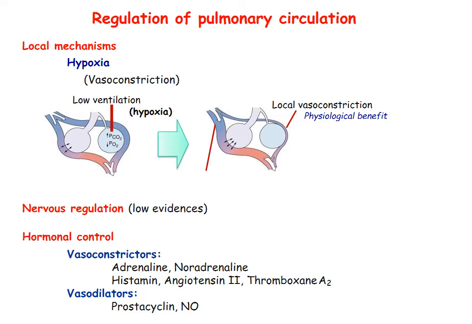There are multiple vasoactive factors: adrenaline, noradrenaline, histamine, prostacyclin, or nitric oxide, that can either vasoconstrict or vasodilate the pulmonary vessels, thereby producing a great amount of blood flow through the alveoli and allowing a better oxygen and carbon dioxide interchange.